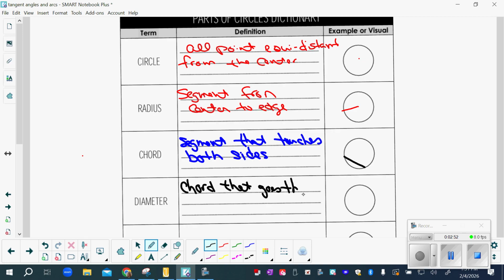And you guys know stuff about him. The most important part is he cuts our circle in half. So he cuts our circle into 180 and 180, right? He cuts that baby in half. And we know that, right? We've been using that a ton in my book. It's a diameter, cuts it in half, right?